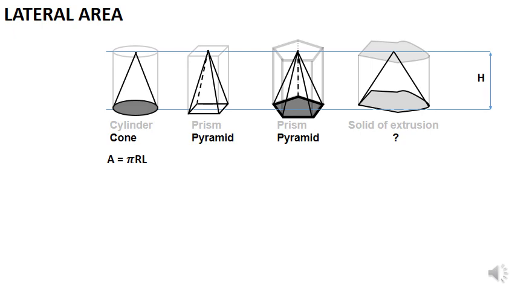In the case of the pyramid, we will simply calculate the area of its lateral faces, which in this case are triangles. In the case of another pyramid, the same, as you can see the lateral faces are triangular. And in the case of a solid of extrusion, we may not be able to compute the area using the formula.